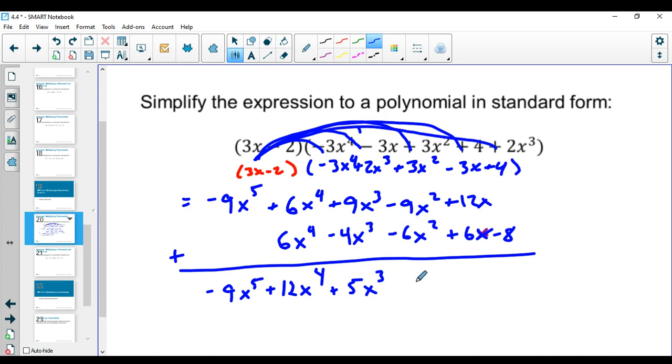Negative 9 minus 6 is going to be minus 15x squared. 12 plus 6 is going to be 18x minus 8. Remember, we can only combine the ones that have the same variable on them. So x to the fourth goes with x to the fourth, but nothing else. X squared goes with x squared, and so on. And so this would be our whole answer down here.